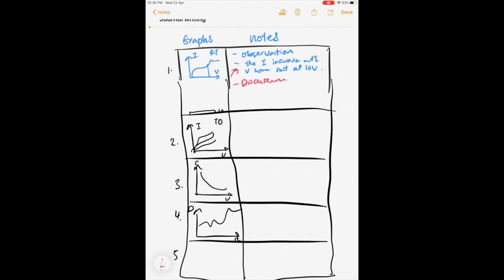What do you want to discuss? Normally in the discussion, you compare your result with other people's results, or you compare your result with another result. So you write down your discussion for each one. So you have observation and discussion.